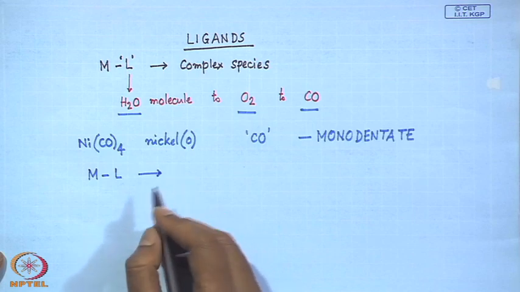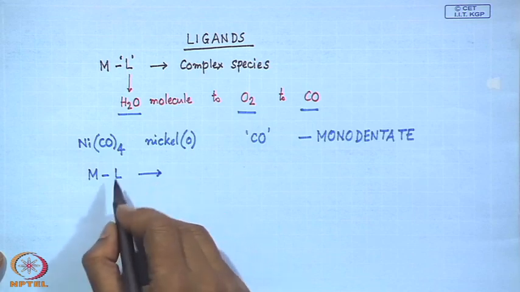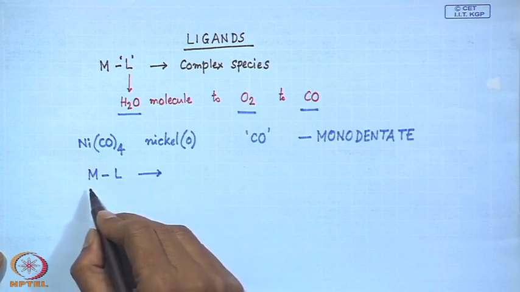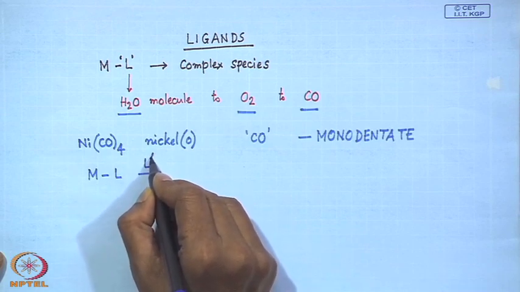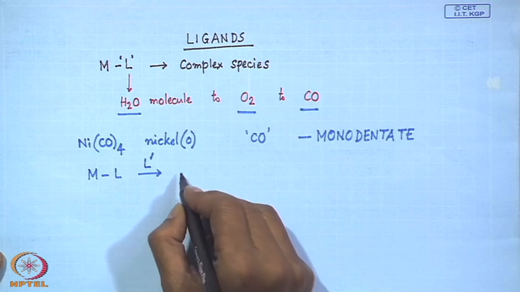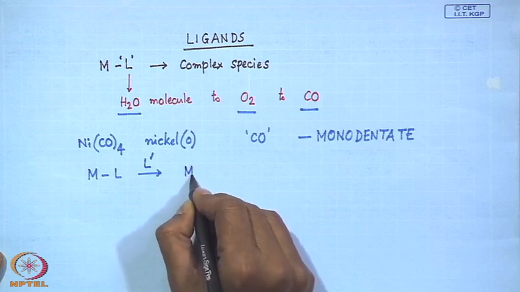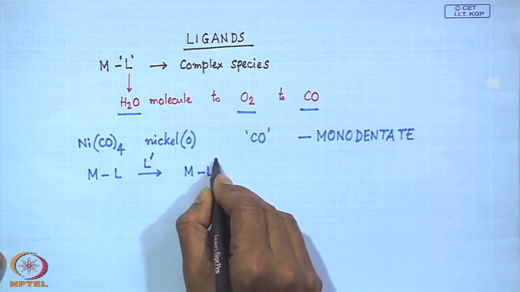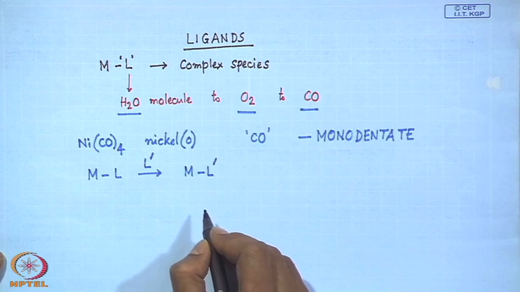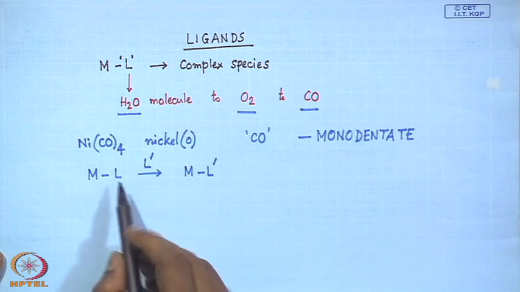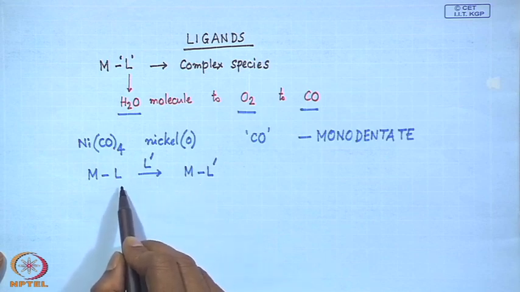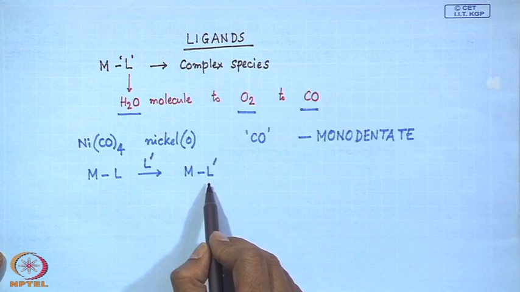So, if we have ML, and it can be ML6 also, that means 6 ligands surrounding the metal center, and if this is reacting with ML prime and L is substituted by L prime, then we call it a typical ligand substitution reaction, where the ligand L has been substituted by ligand L prime.